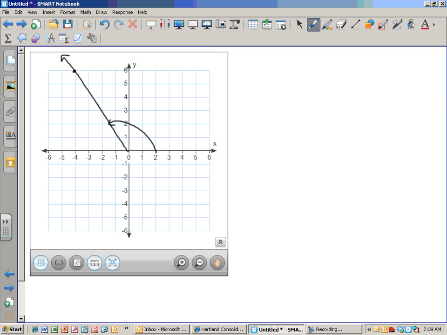That's your theta. And the reason why we want to use that is because of the reference angle, and we know that this angle starting from the x-axis to here, trig functions are the same as the reference angle.